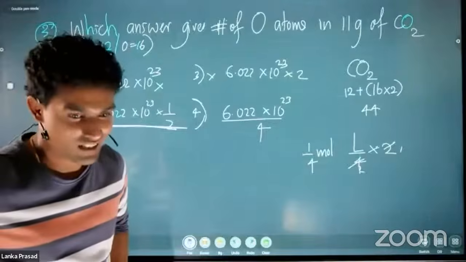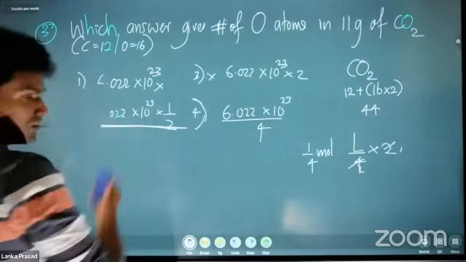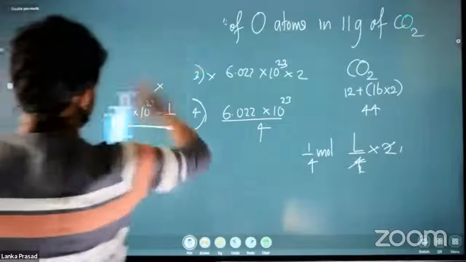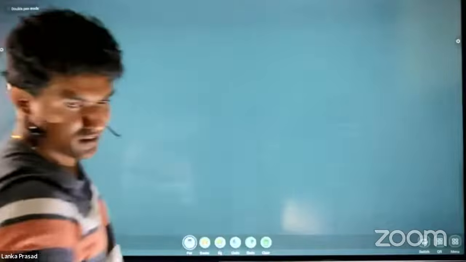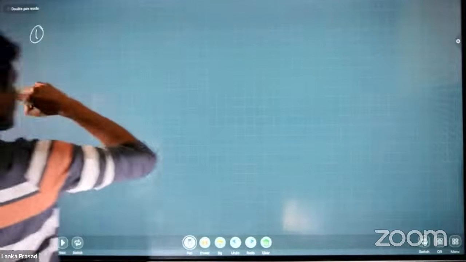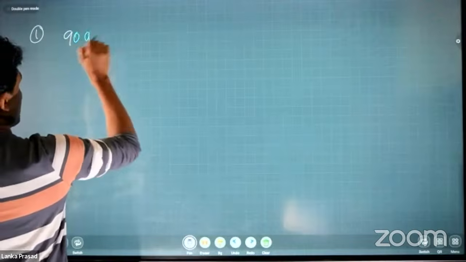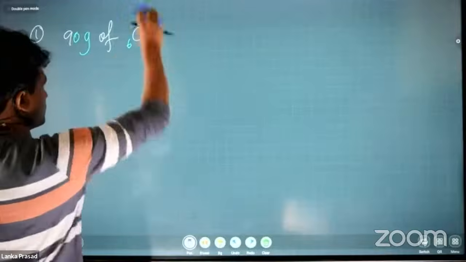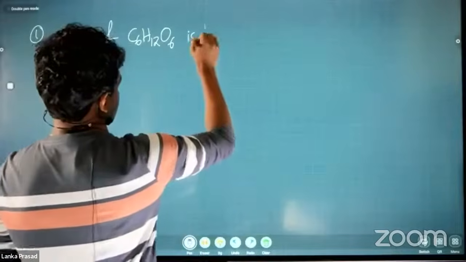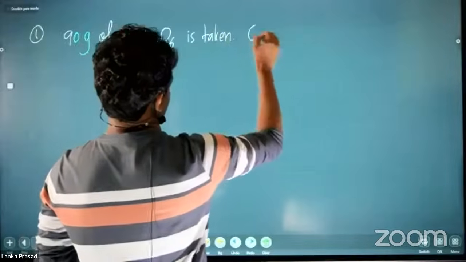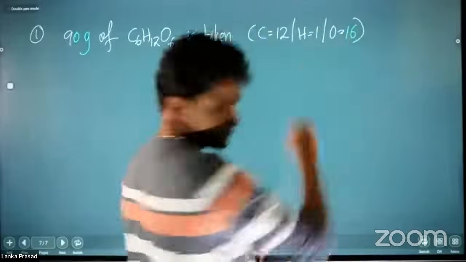Got it? Shavani, which lessons? Try with that one. Take 90 gram of glucose, C6H12O6. One carbon is 12, one H is 1, one O is 16, so glucose is 180, right?